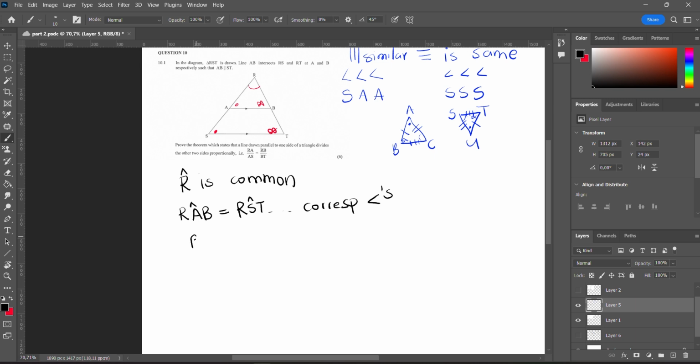Same with angle RBA equals angle RTS, and this is also corresponding angles. Therefore, triangle RAB is similar to triangle RST.